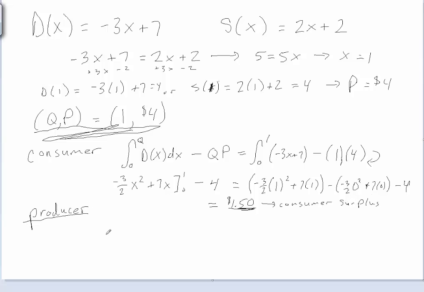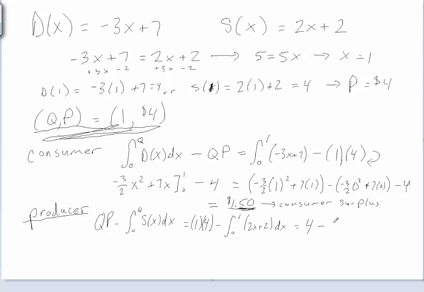To find producer surplus, the formula is QP minus the integral of the supply function. So 1 times 4 minus the integral from 0 to 1 of 2x plus 2 dx.